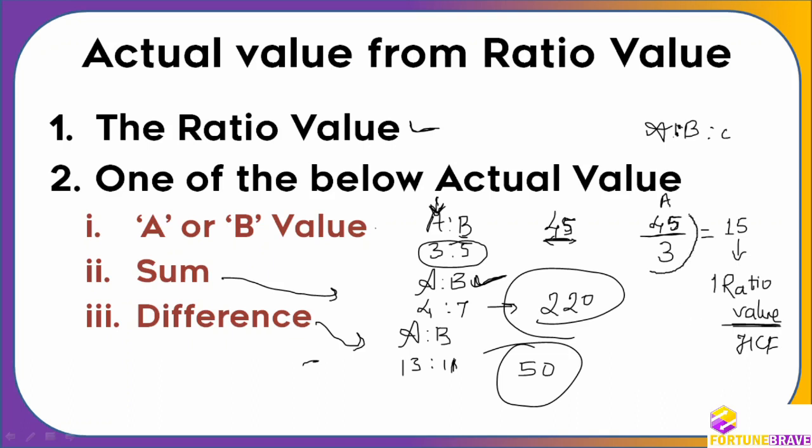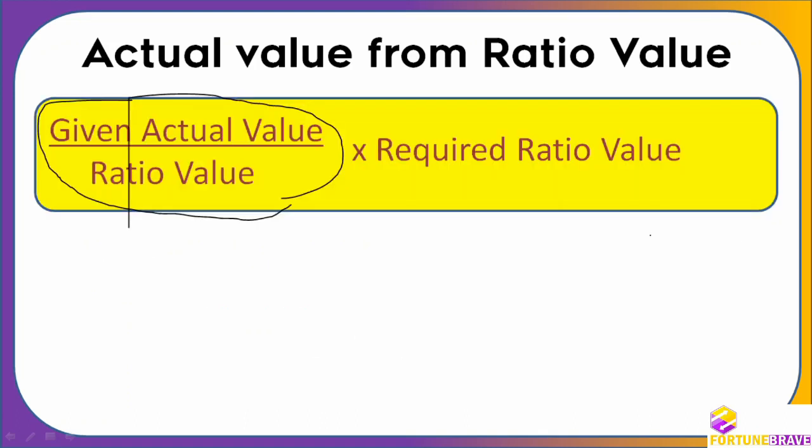So this is what we need to do. We have to divide given actual value with its corresponding ratio value. I am going to repeat it several times so that it gets into your head all the time. Okay, so given actual value divided by corresponding ratio value will get you 1 ratio value.